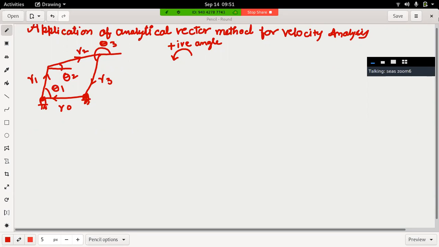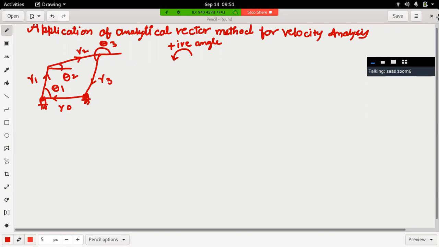So in order to determine the velocity of link R2 or link R3 or any points on link R2 and R3, we can use the analytical method which involves vector multiplication and additions. So let's see how we can solve it for determining the velocity of R2 and R3.